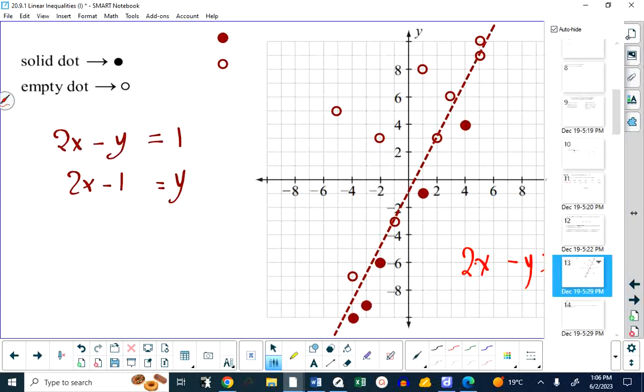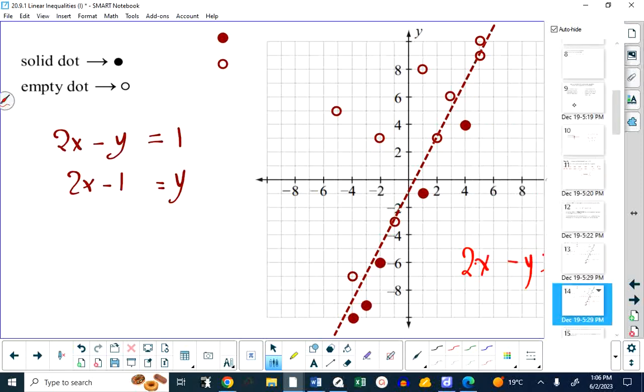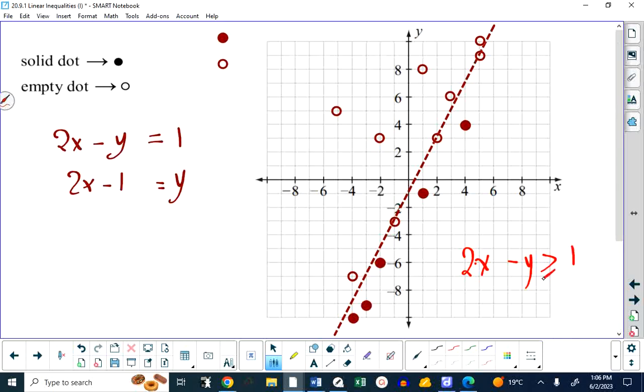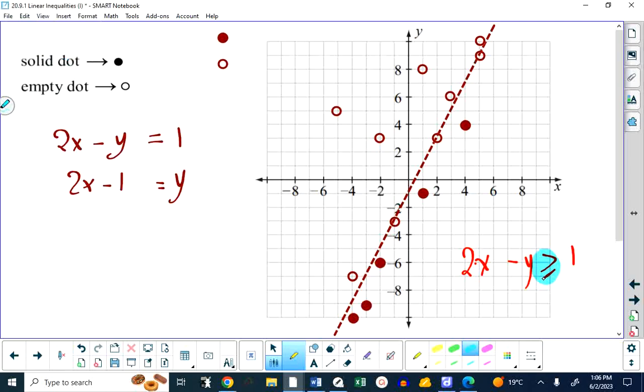In an alternate universe, if I changed the question and it was this instead, what would be different on the graph? What's one thing you think would be different? Ashira? The points on the line would become solid. Good. What else do you think would be different?